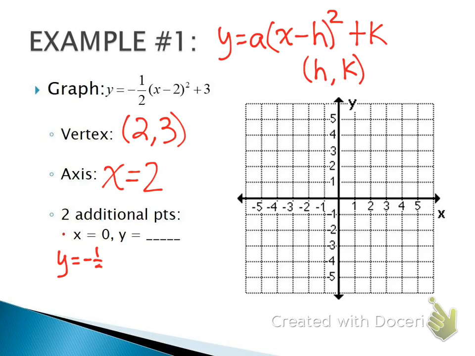Y equals -1/2 times the quantity 0 minus 2, which is -2, squared plus 3. What's -2 squared? A positive 4. What is -1/2 times 4? -2. What is -2 plus 3? +1. So when x equals 0, y equals 1.